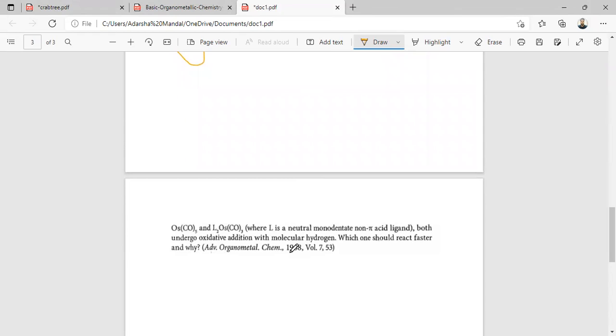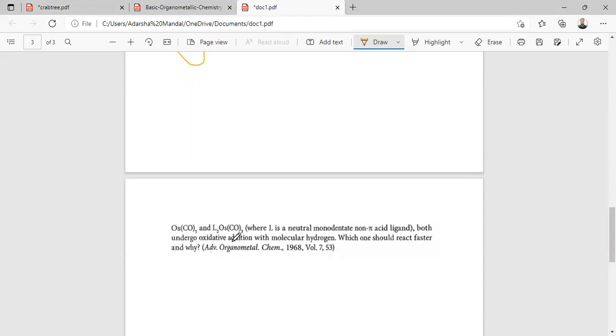So next question: Os(CO)5 and L2Os(CO)3, where L is a monodentate ligand. Both undergo oxidative addition with molecular hydrogen; in which case will the reaction be faster? Both are saturated complexes. One ligand has to dissociate before the incoming hydrogen can coordinate.